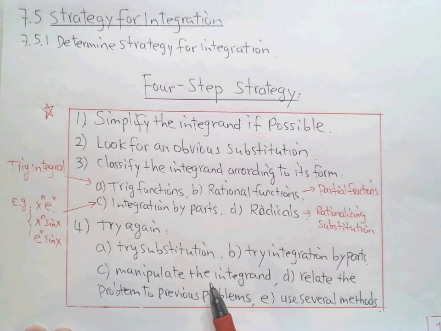We have a lot of examples showing how to manipulate the integrand to get something simple, right? Or we can relate our problem to previous problems. If we have resolved something in a previous problem, the results we can definitely use. Or we just combine several steps together, different types of methods combined.